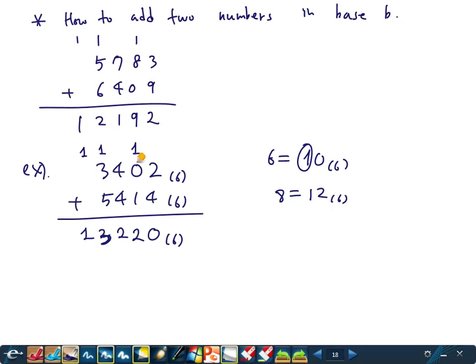And now let's talk about remainders again. So, definition: we have two positive integers a and b.